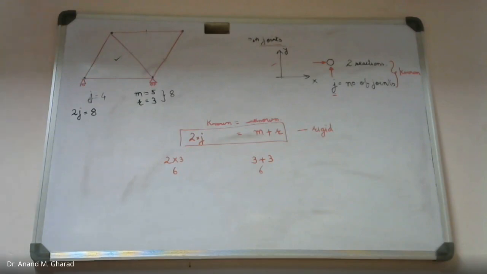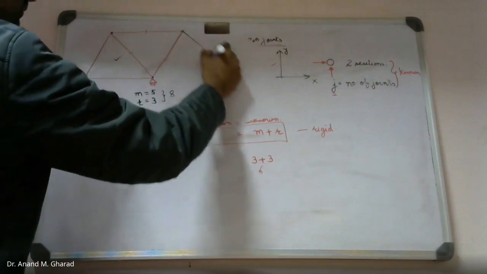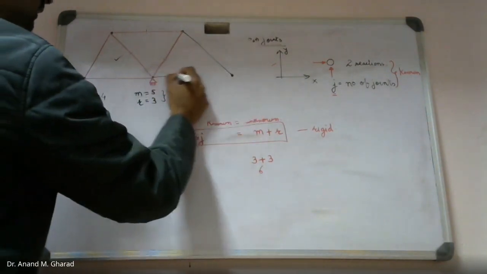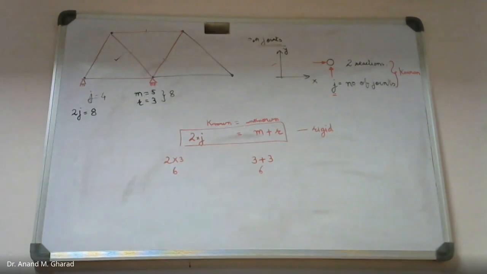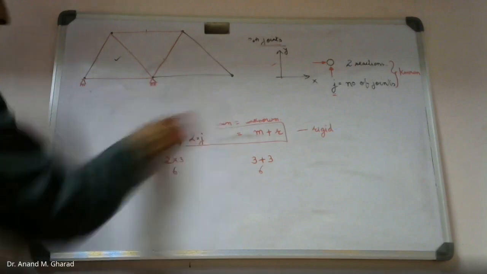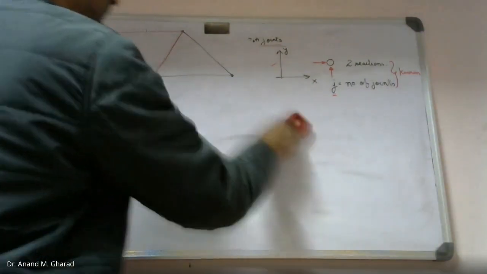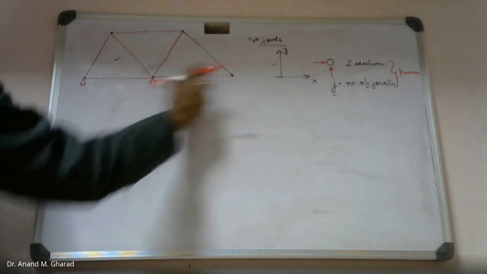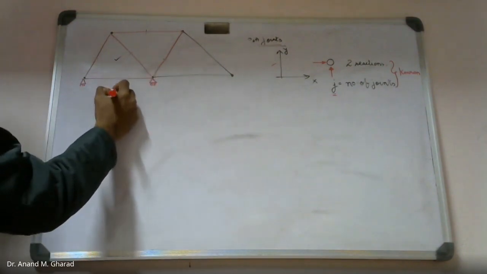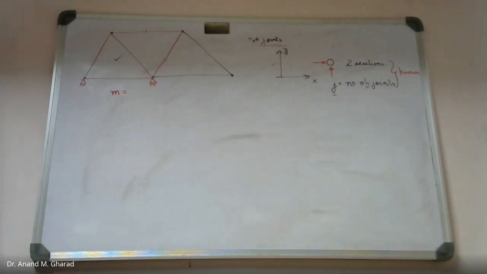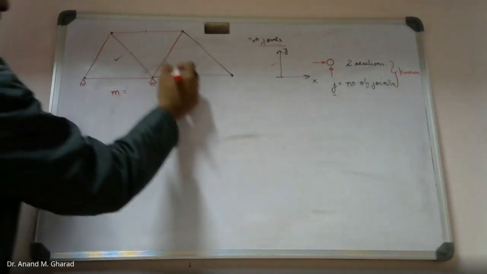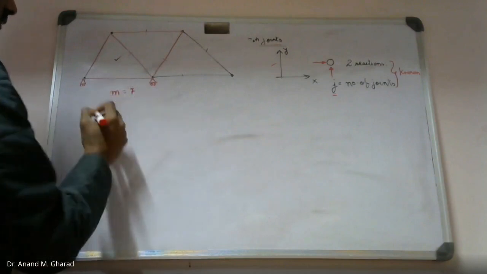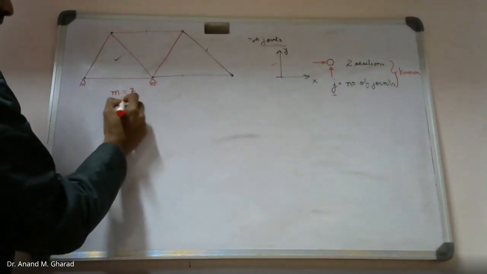Is this clear? So let me say I add one more joint and I will not provide any kind of support over here. What do you observe in this case? How many members do you observe? 7. So 5, 6, 7. Correct. How many reactions? 3.